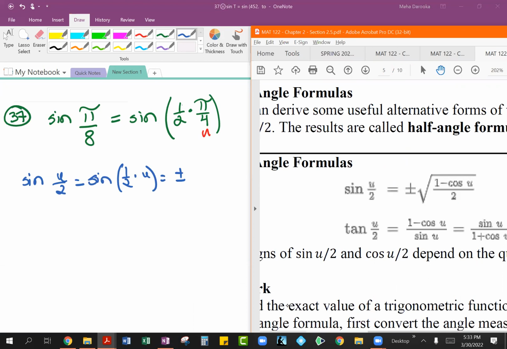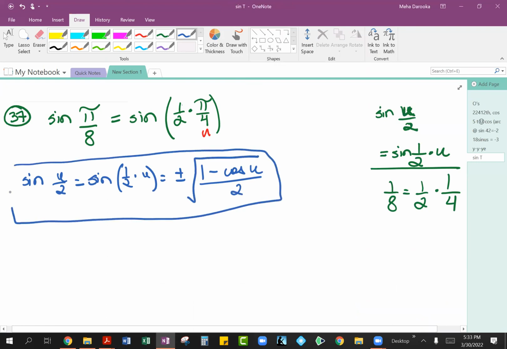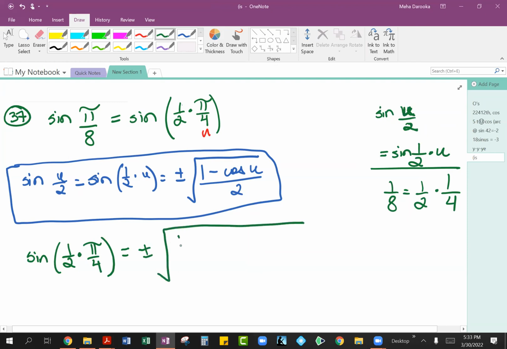This is what we want to use as our half angle formula. So plus or minus, inside the square root, 1 minus cosine of u, and remember our u is pi over 4, divided by 2. So how can we clean this up, guys?